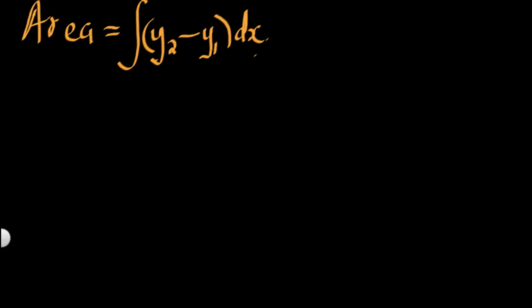Now let us go and do that. I'm looking for this area. I'm just going to come here and do the integration. So in reality, I'm integrating the area that we're looking for.